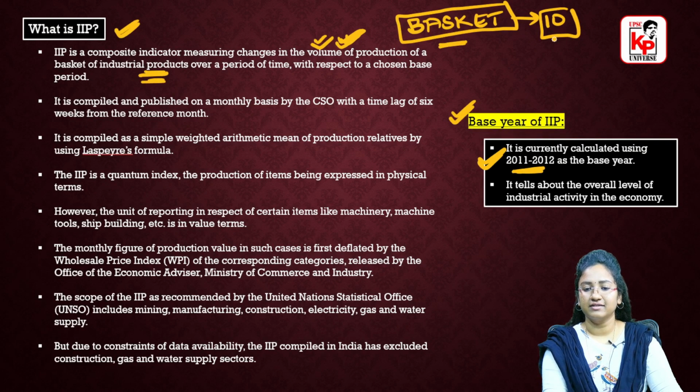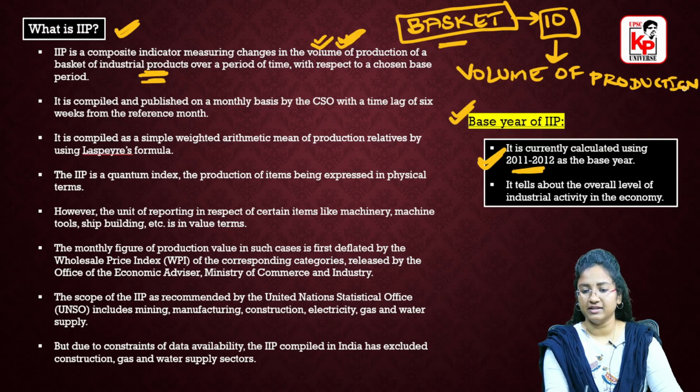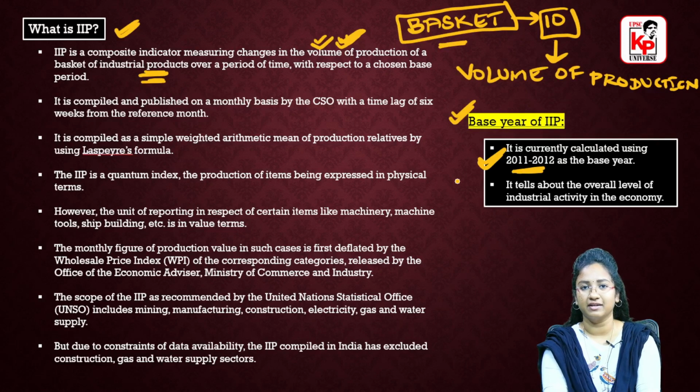If you take these 10 products, how much production has happened in the base year? In 2011-12, if you compare a particular sector, how is the volume of production of goods in that year, and that would be compared to the current year. So the volume of production is compared over here. Do you remember this? This is one important point that you have to remember.